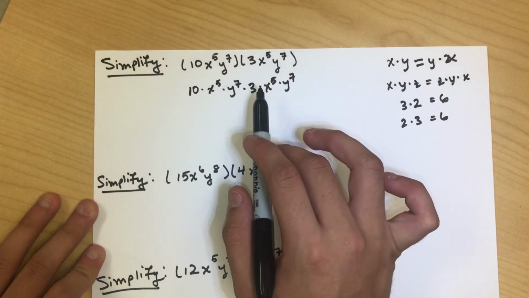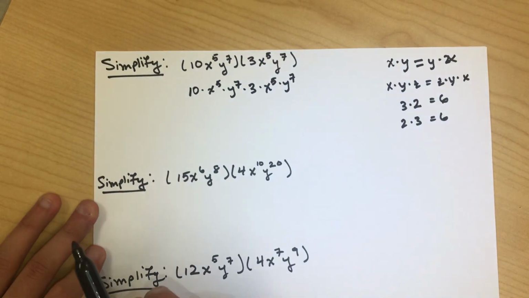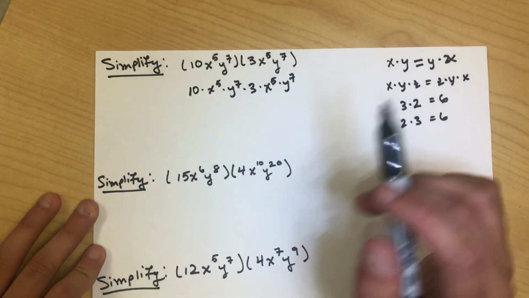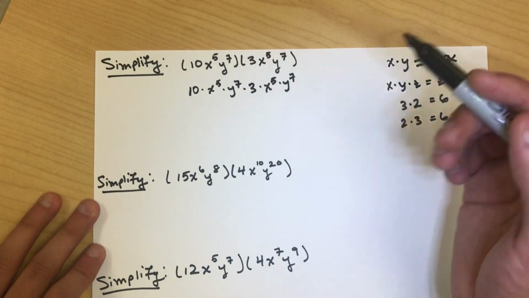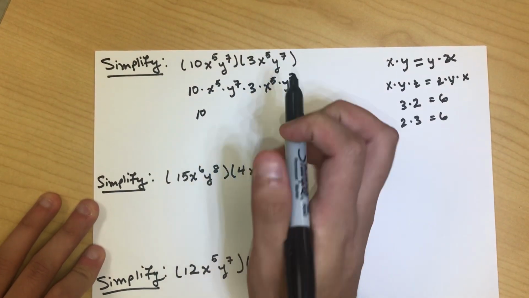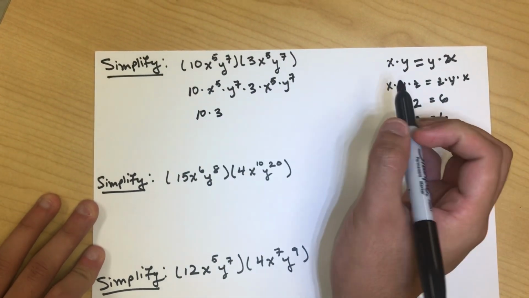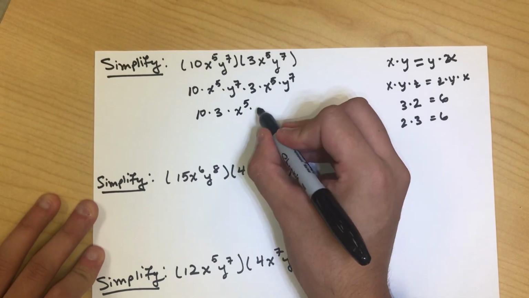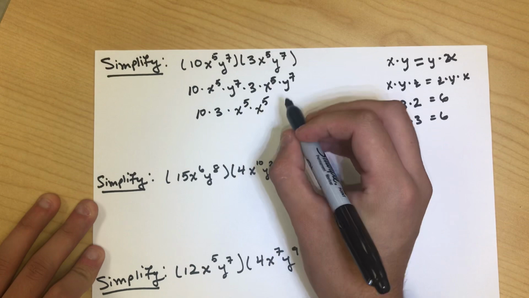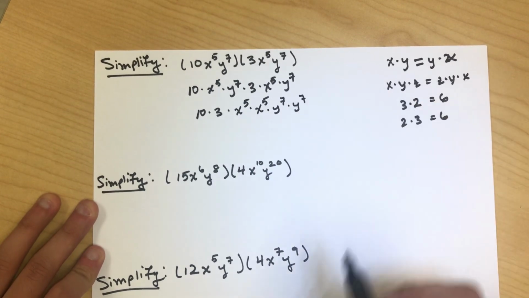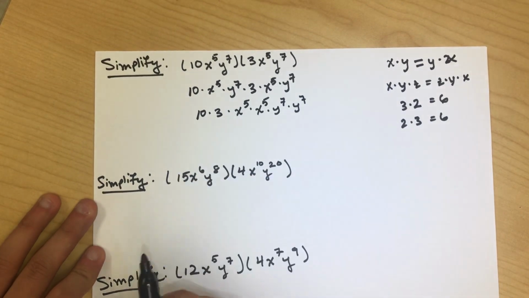For example, I want to put the 10 and the 3 next to each other, the x's next to each other, and the y's next to each other. Thankfully multiplication is commutative, so I can rewrite this as 10 times 3 times x to the 5th times x to the 5th times y to the 7th times y to the 7th.